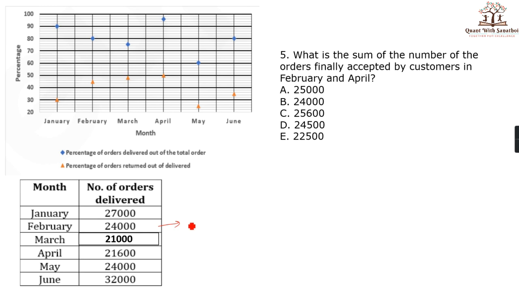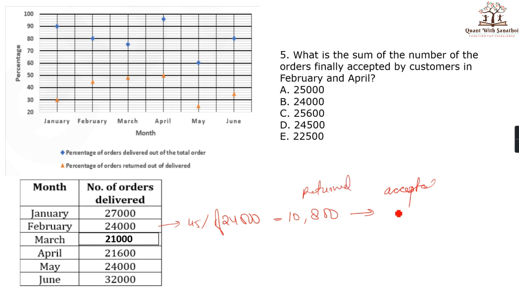Okay. So out of delivered, we need to find the number of orders they returned. For February it was 45%, therefore 45% of 24,000 will be equal to how much? 10,800. So the remaining will be order accepted. This is returned.